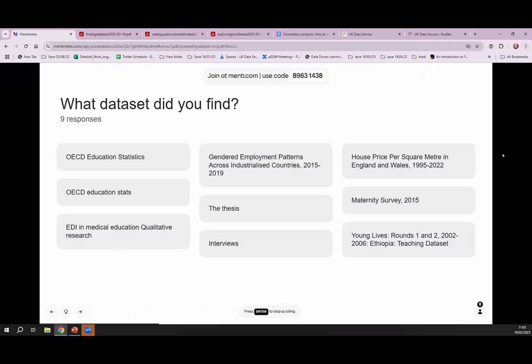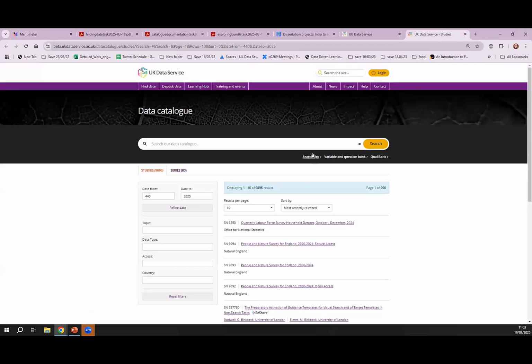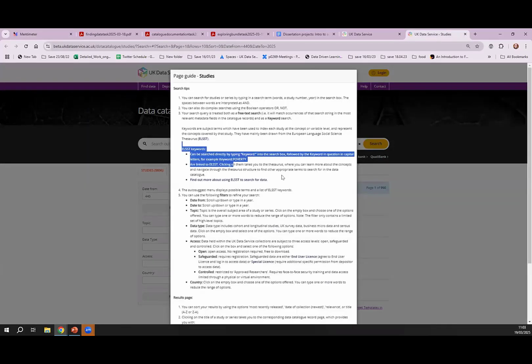The thesaurus is really useful once you have a read about using it, because you can use the keywords that are listed on the data catalog page to find other words that you might not have considered, and it also has a hierarchy of language. So you can search for the broad spectrum of economic, but specifically things on household expenditure or something like that. It'll have a hierarchy so that you can narrow it down that way.